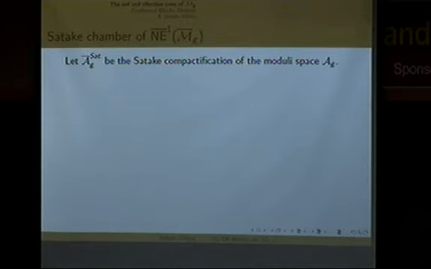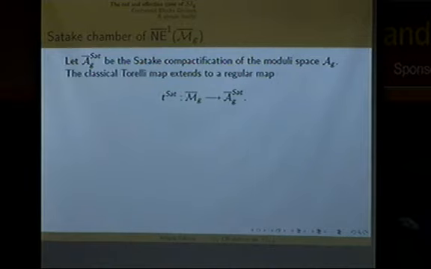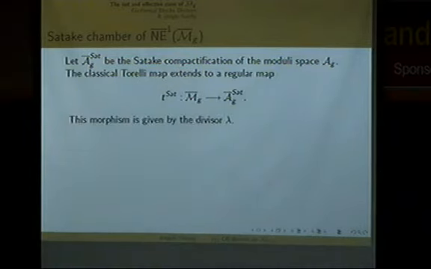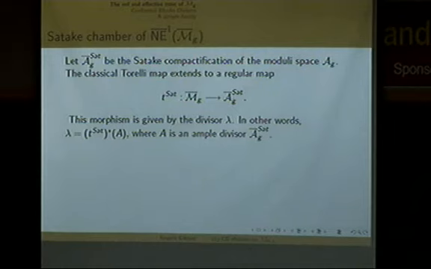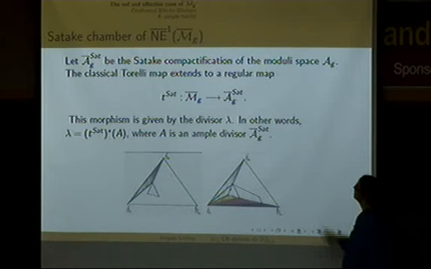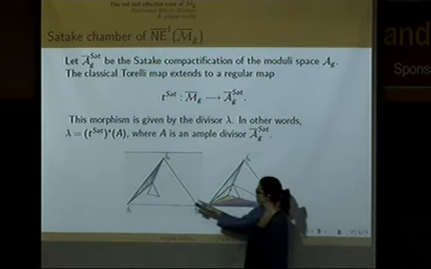The first is the Satake. So I'm going to denote A_g bar Satake to be the Satake compactification. And there's a morphism from the Deligne-Mumford compactification M_g bar to Satake. And this morphism is given by this divisor, lambda. So in other words, lambda is the pullback of an ample divisor from the Satake compactification of A_g.